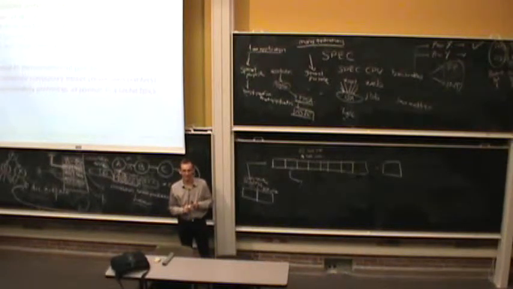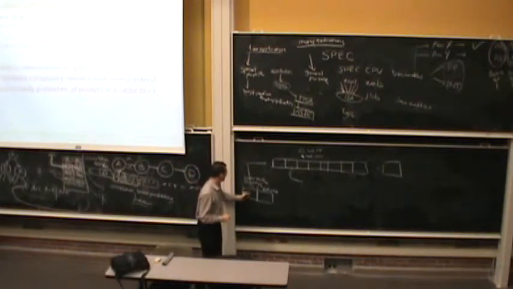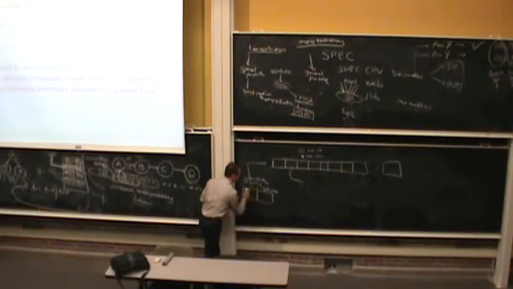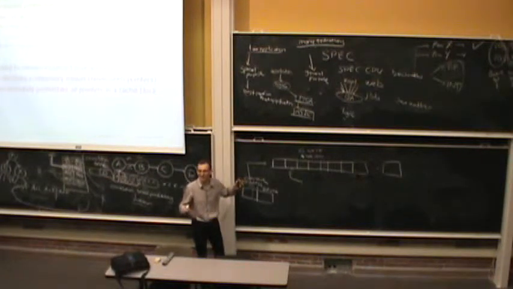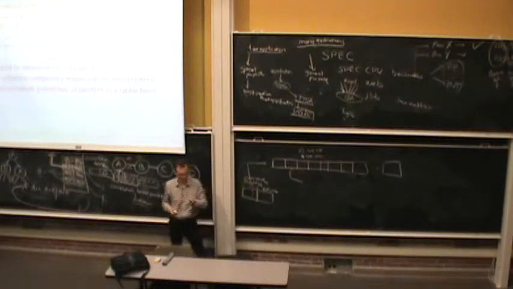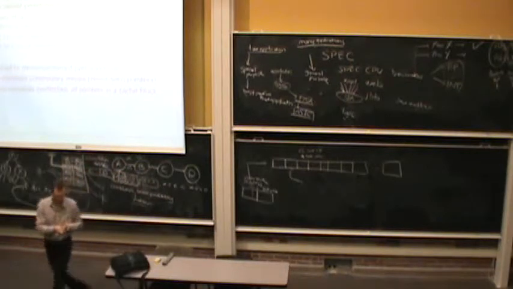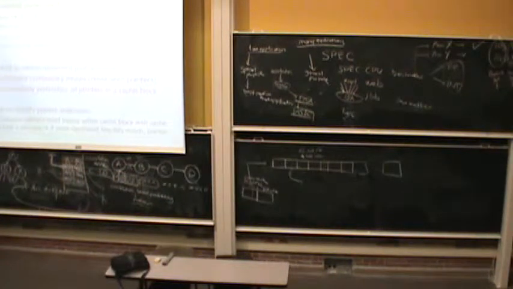Is that reasonable? Because this is an address, it's likely that something that has the top bits the same will be an address too. It may not be. It may be a value. But it turns out it is more likely an address. And that's the idea. Compare address-size values within the cache block with the cache block's address, and if the most significant few bits match, then declare that it's a pointer.